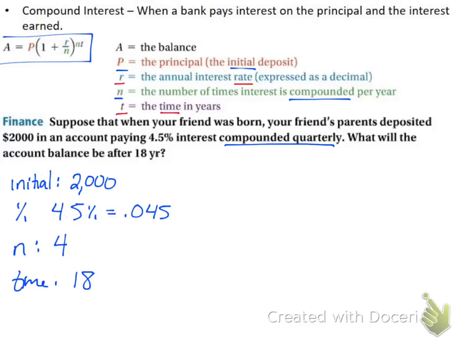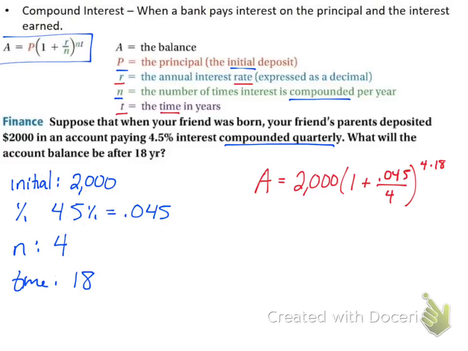And so when I do this again, A is equal to my initial amount, which is 2,000. In the parentheses, I go 1 plus the rate divided, so 0.045 divided by the number of times it's compounded, which is 4. And then in my exponent, I'm doing the number of times it's compounded times my years.